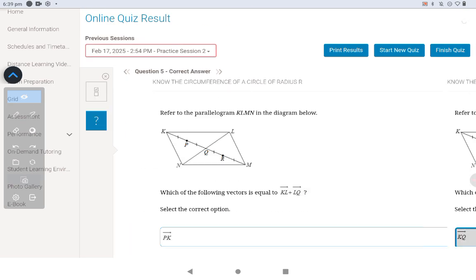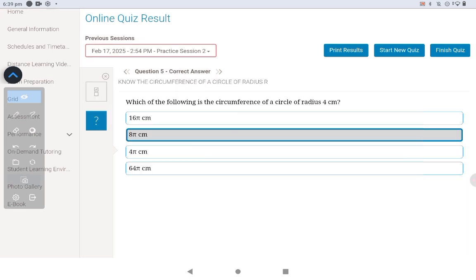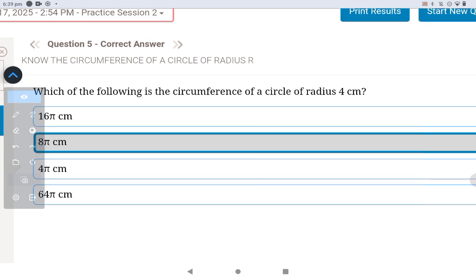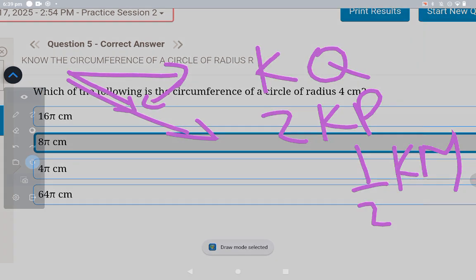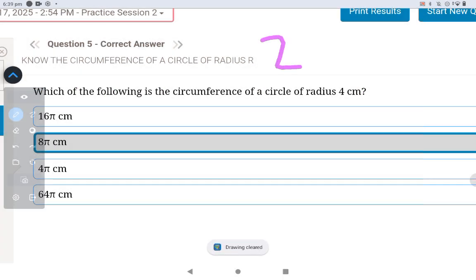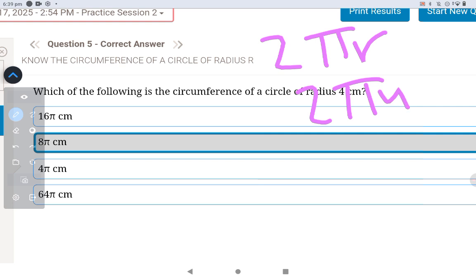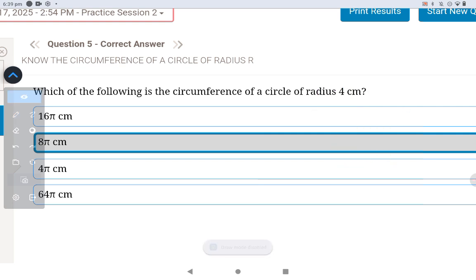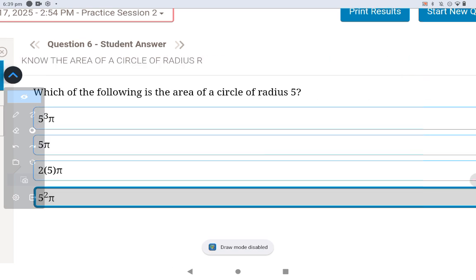KQ. Which of the following is the circumference of a circle of radius 4 centimeter? What is the rule for circumference? It is 2 pi r. We have radius 4, so 2 pi 4, 2 times 4, 8 pi centimeter. That's it. Next one. Area of a circle.